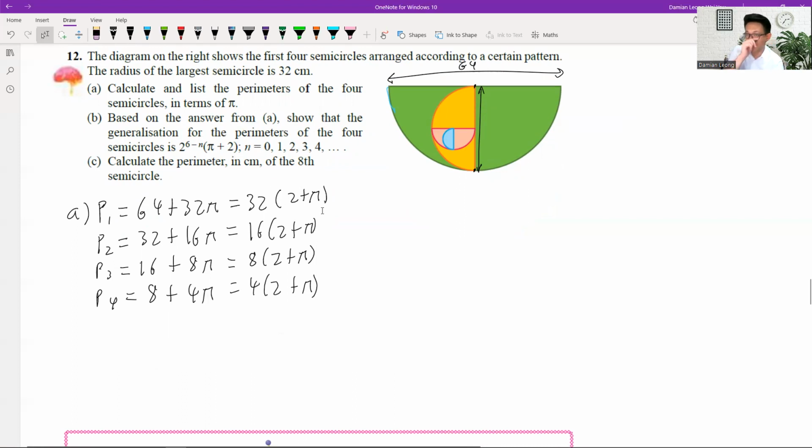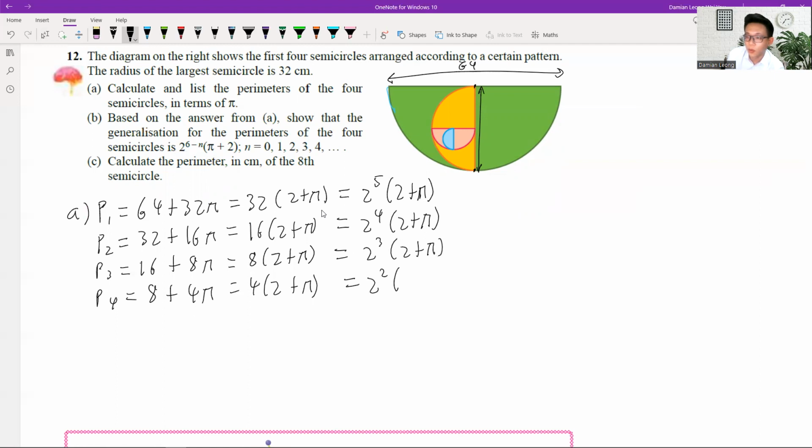So when we compare in this form, I look at the 32, 16, 8, and 4. 32 is 2 to the power 5. 16 is 2 to the power 4. 8 is 2 to the power 3. 4 is 2 to the power 2.